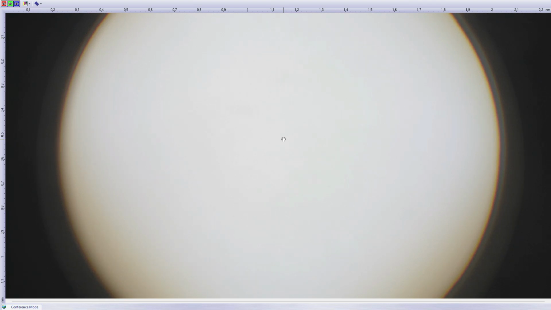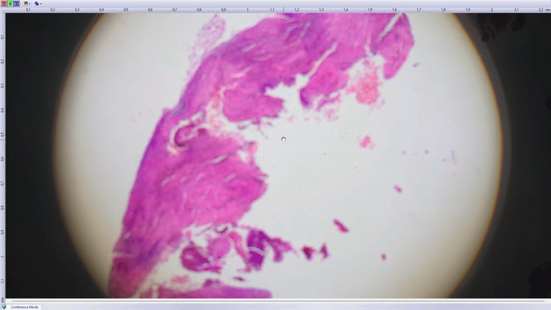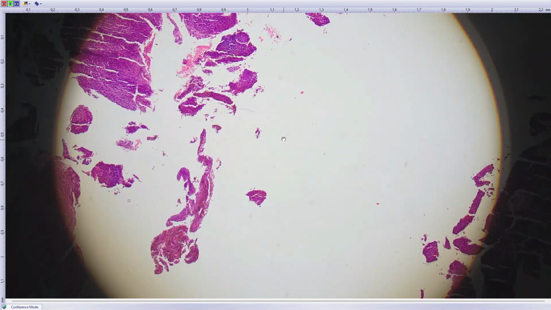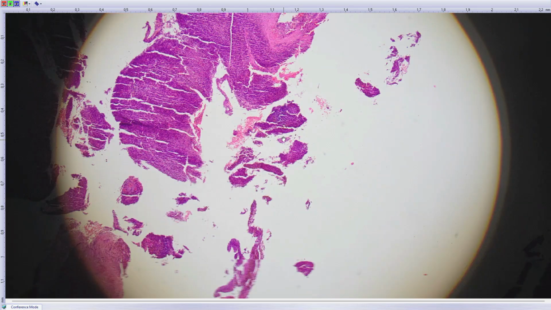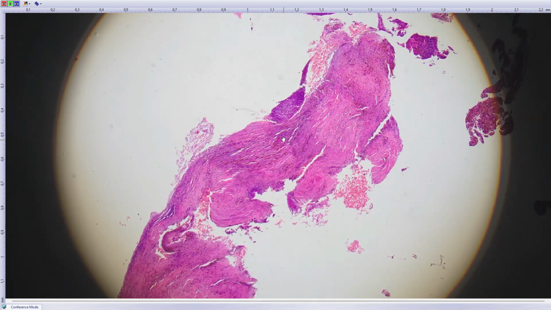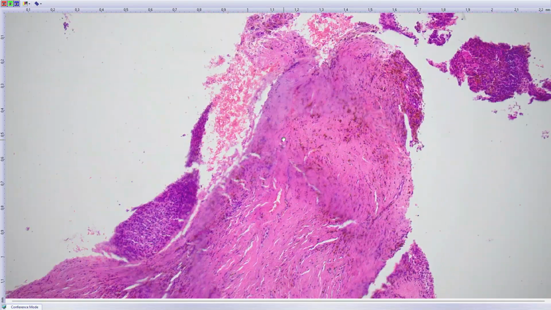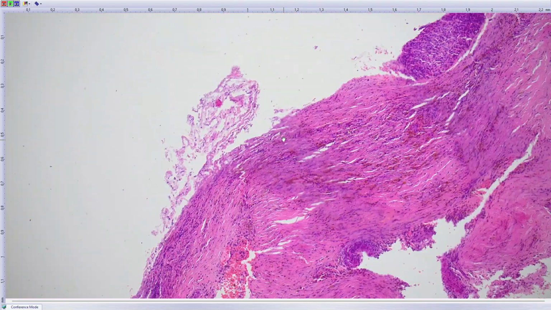So the next case was an 8-year-old boy. It was a cystic lesion on his thigh. Unfortunately, we had just this small sample, so it's not a very illustrative case. Still, we see some evidence of pigmentation. It looks like brown pigment, so you can think of melanin or hemosiderin.